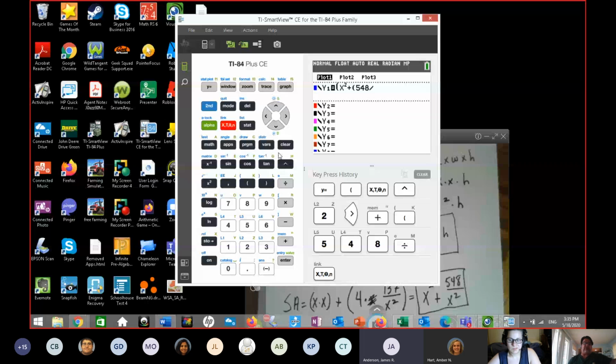I hate these newer calculators, they don't think. Let's hit delete. Close parentheses, and hit graph.